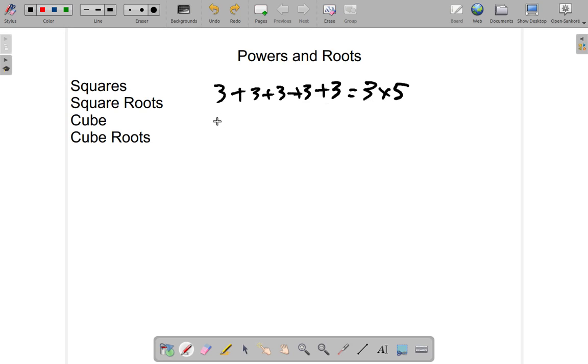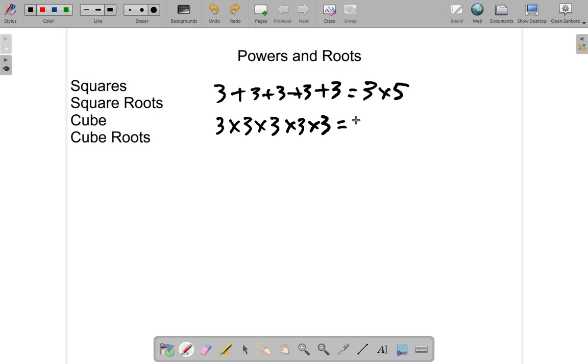Now suppose you have 3 multiplied by 3 multiplied by 3 multiplied by 3 multiplied by 3. Then the situation here is that you have 5 3's. 1, 2, 3, 4, 5 3's. Then you are going to shorten the way you write this.